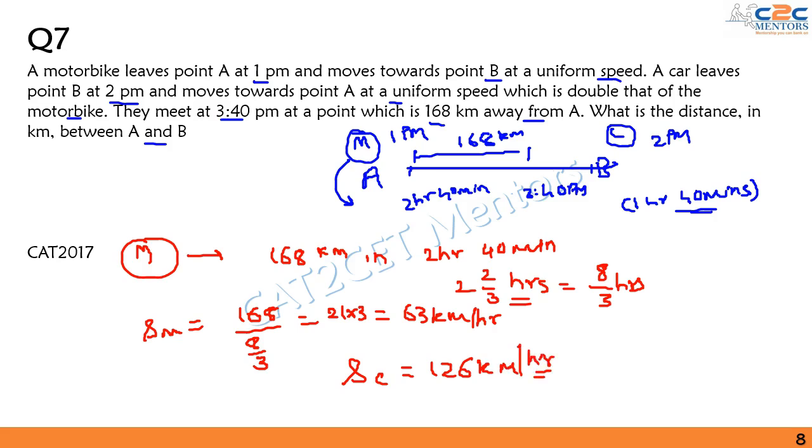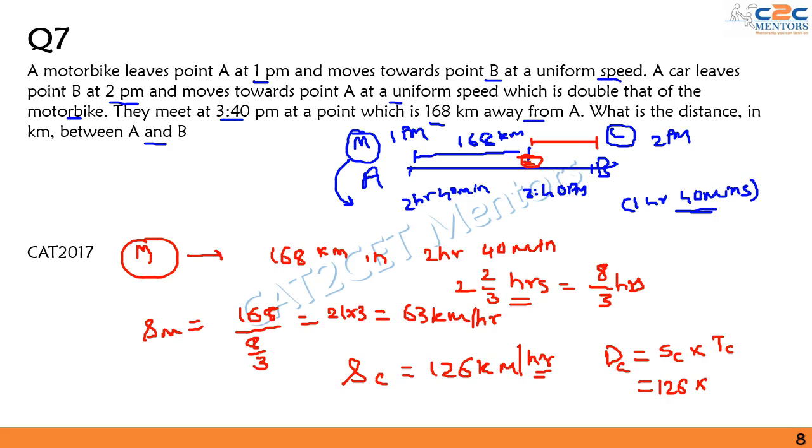Now I have to calculate the distance between A and B. I already know that from point A till the point of meeting, let that be x, it is equal to 168 kilometers. The other distance is the distance covered by the car. It is going to be the speed of the car multiplied by the time taken by the car. Now we know that the speed of the car is 126 kilometers per hour.